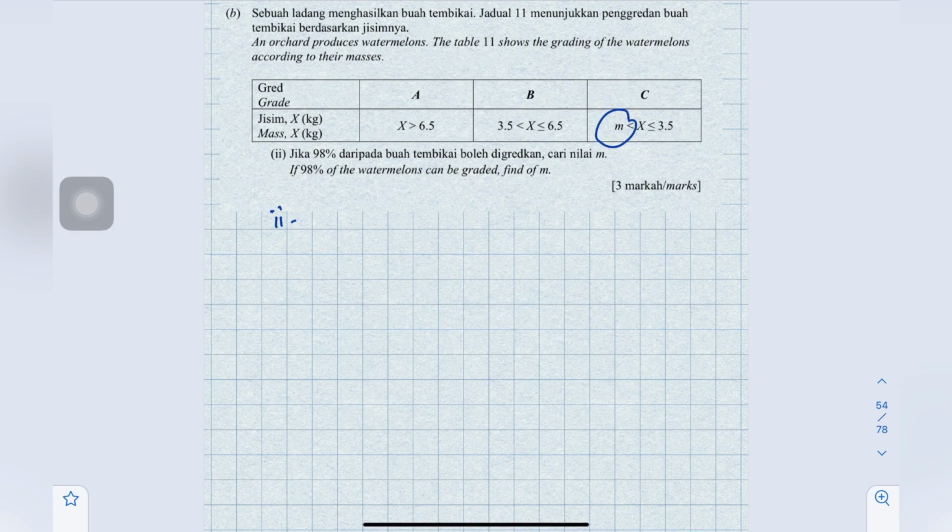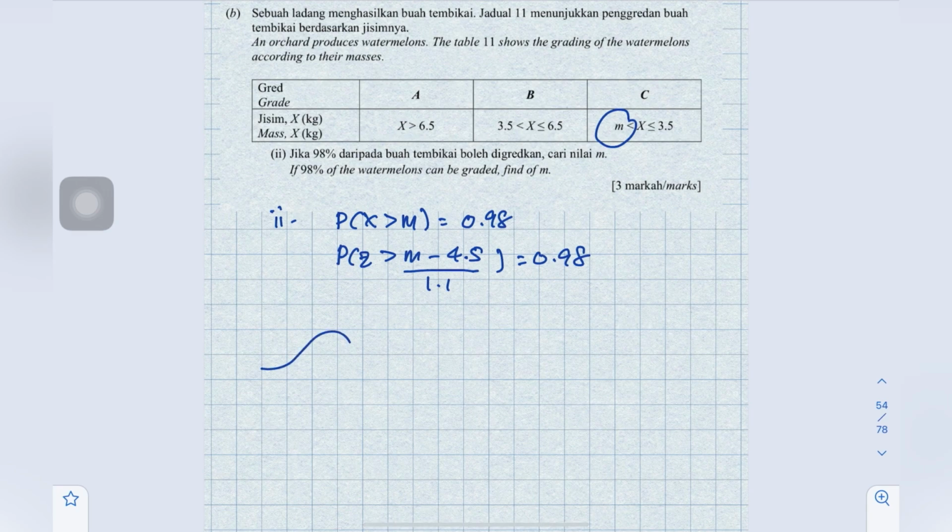To find the watermelons that can be graded, meaning we find mass more than M. So P(mass more than M) is given as 98 over 100, which equals 0.98. We standardise first, P(Z more than (M minus 4.5) over 1.1) equals 0.98. So we have to draw it. 0.98 is more than 0.5, so from the right, more than 0.5 means it overshoots.